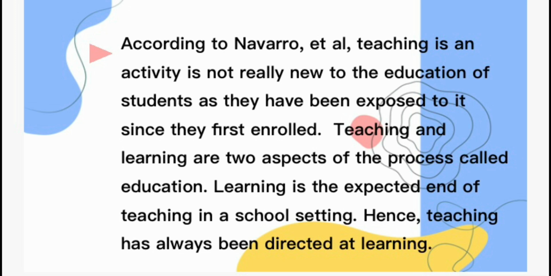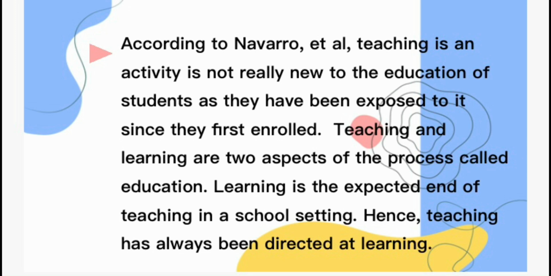It means teaching is the process of imparting knowledge and skills to students, while learning is the process of acquiring that knowledge and skills. Teaching is not just about presenting information to students, but also about facilitating their understanding, guiding their thinking, and promoting their engagement with the material.